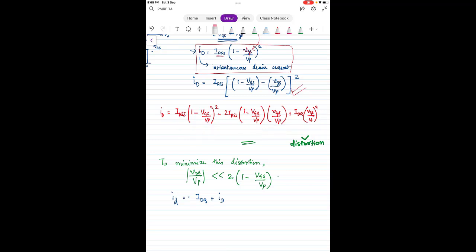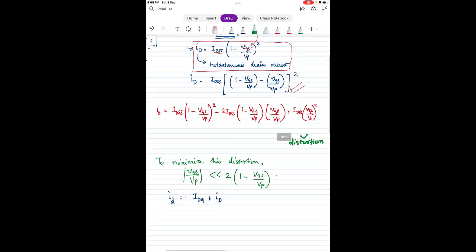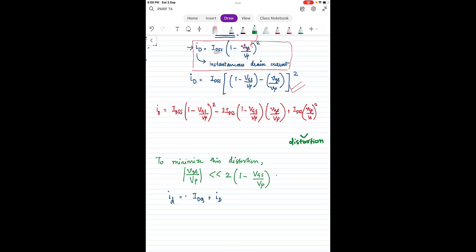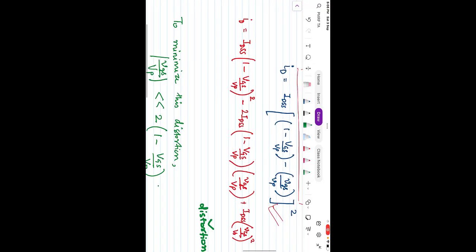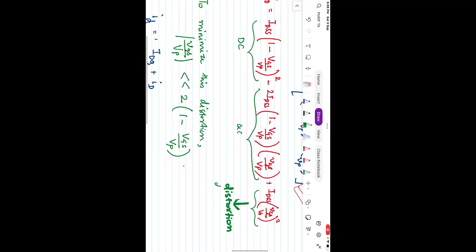On expanding this equation, we will come at this point right here, and from here you can see that the iD is now given by this term, which is because of the DC voltage, this term which is because of the AC voltage, and there is this third term which is the square of the AC, which is basically nothing but distortion due to non-linear component, right?